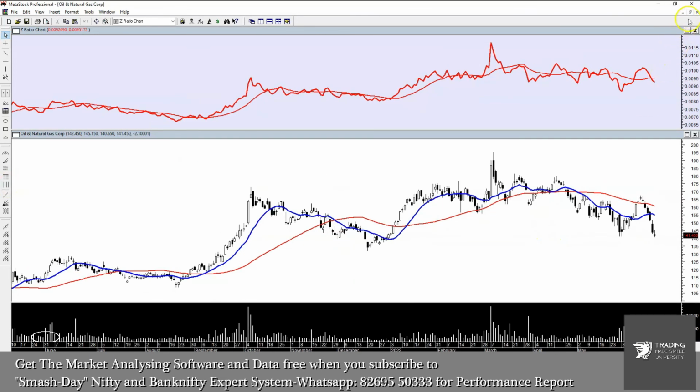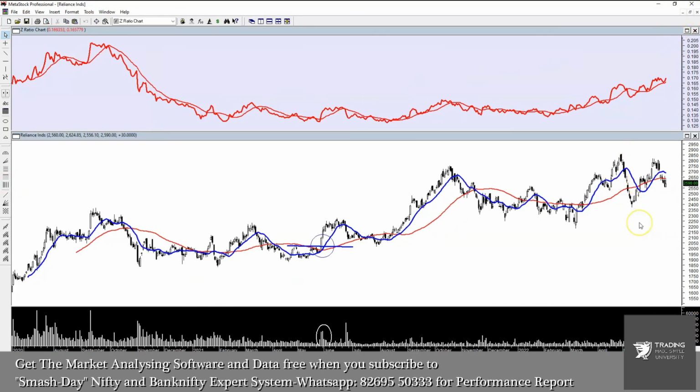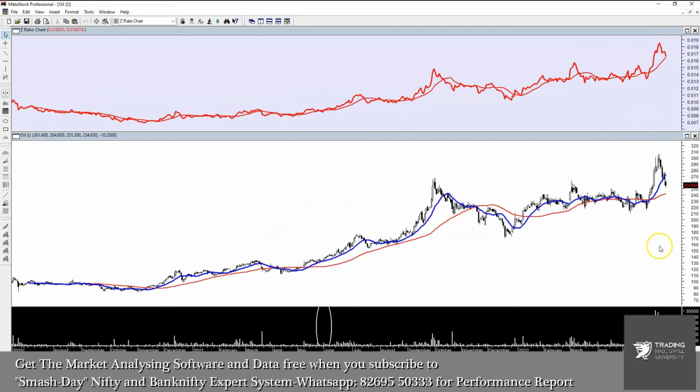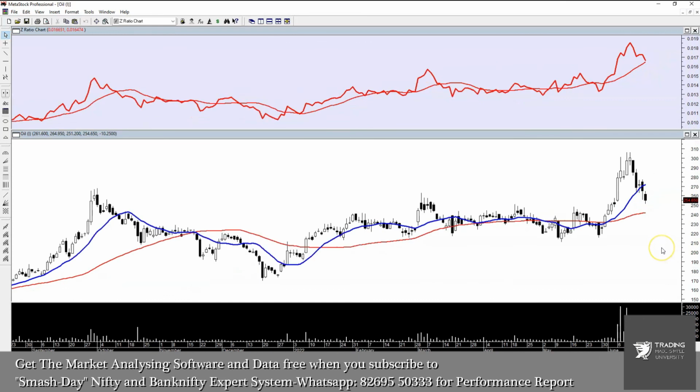ONGC, not that good. Okay, Reliance is good. It is showing an upward trend in terms of the ratio chart. Prices are also holding given the current weakness in the market. Oil India is also a good stock. It has broken out and is pulling down a bit, maybe a sign of consolidation.